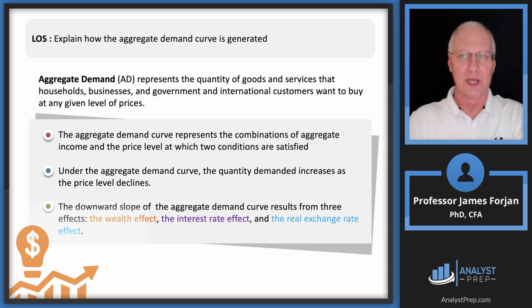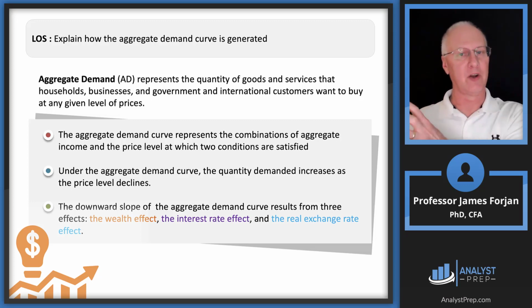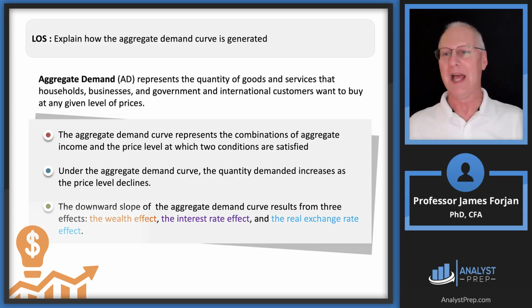So not only are we thinking about the market for Honeycrisp apples, but we're thinking about how the market for Honeycrisp apples reflects the market for all different other kinds of apples, all different other kinds of fruit, and then all different other kinds of food, and then goods and services. So aggregate demand is aggregating all that stuff.